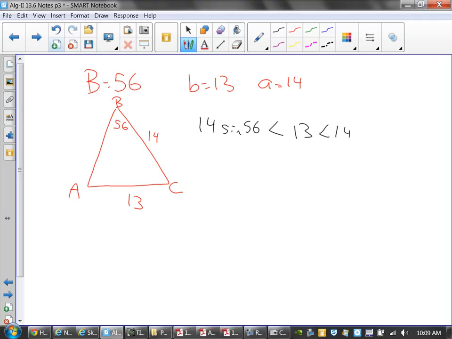So solve law of sines to find angle A like you would normally. Sine of 56 is to 13, as the sine of A is to 14. When I type that through, 14 sine 56, hit enter, divided by 13, hit enter. Second sine of my answer, I get 62.22, or 62.23, excuse me.